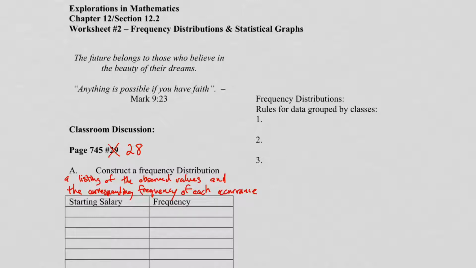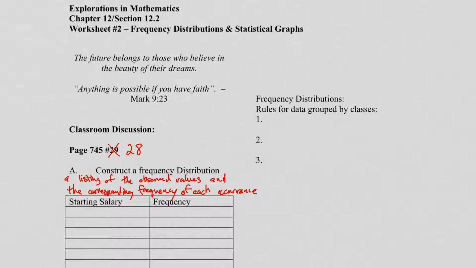So for example, in number 28, we have starting salary with a bachelor's degree in the field of social science. So a Bachelor of Science degree for social workers.